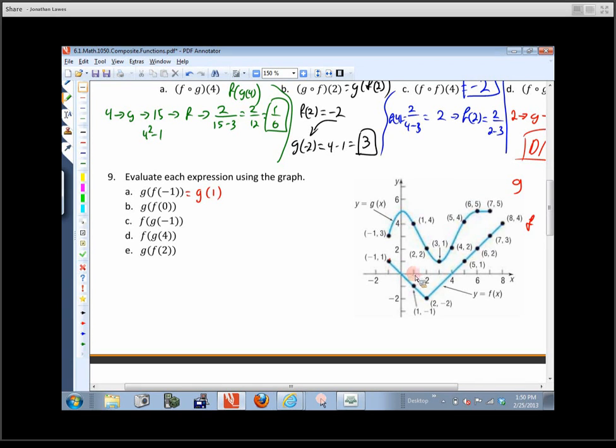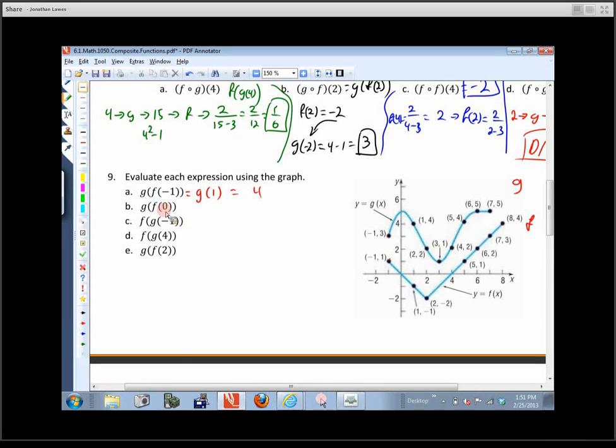And do I want g or do I want f of 1? I want g. So what's my answer? My answer is 4. Okay? So g of f of negative 1 becomes g of 1. In other words, I take the 1 that I got out of f, I plug it back into g. You with me there?